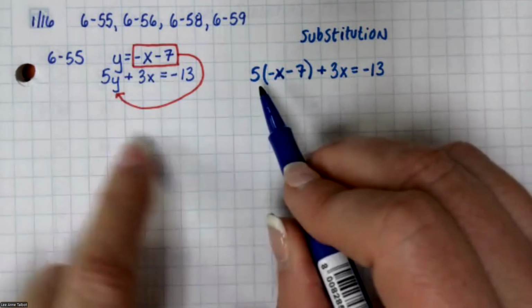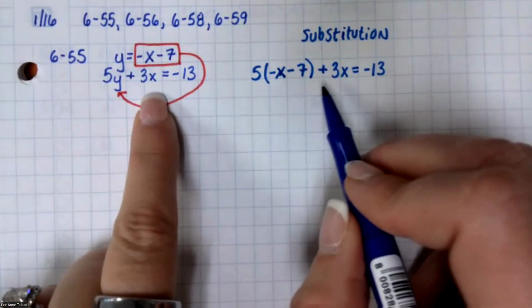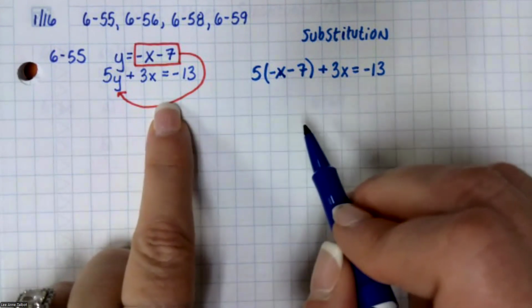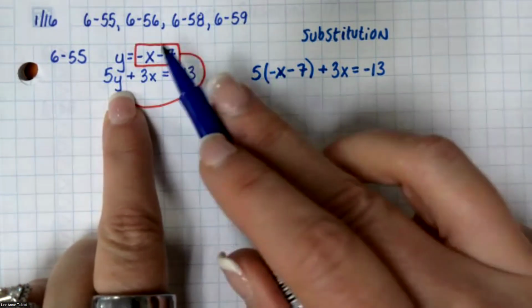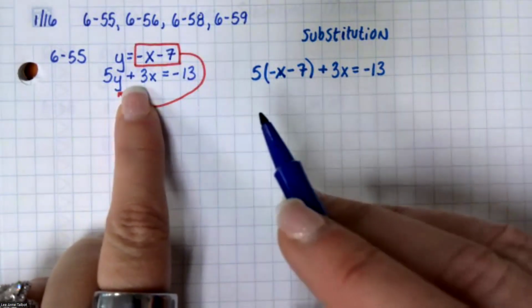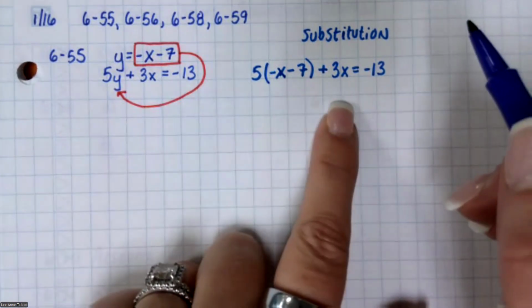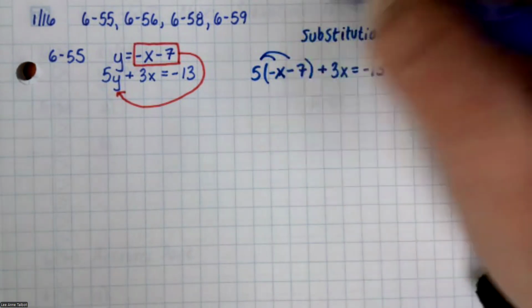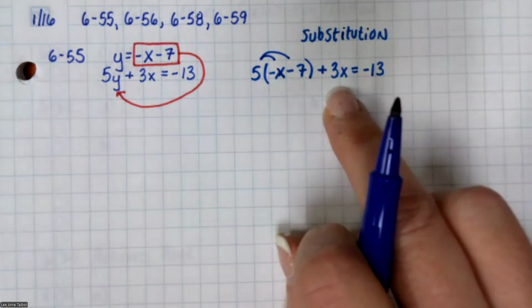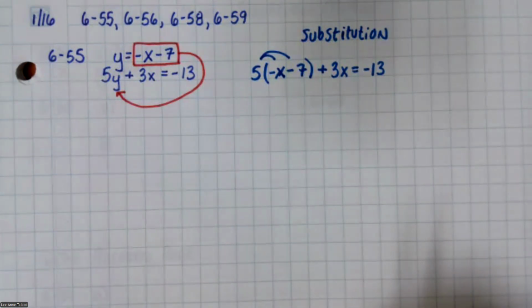So I have 5y, y is now that, plus 3x equals negative 13. And why did I do that? Because now I have an equation with just x's in it. I have one equation, one unknown, instead of two equations, two unknowns.